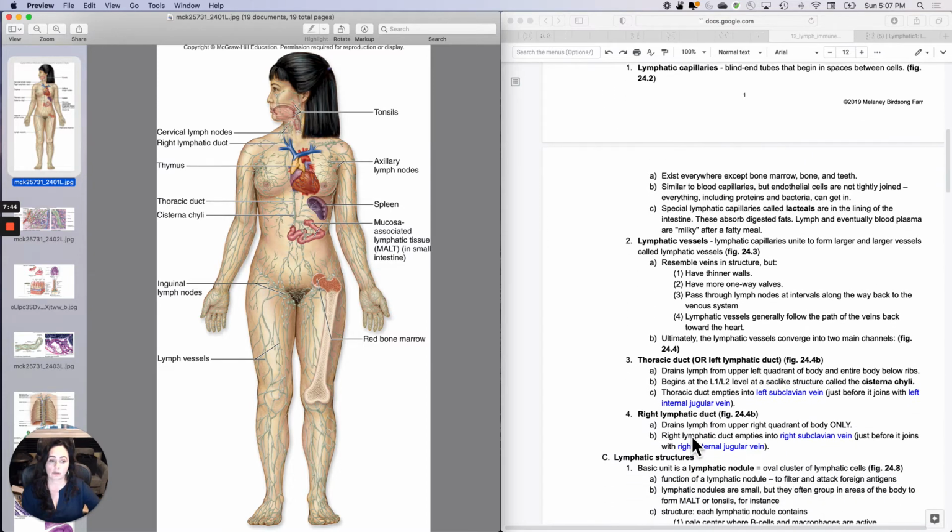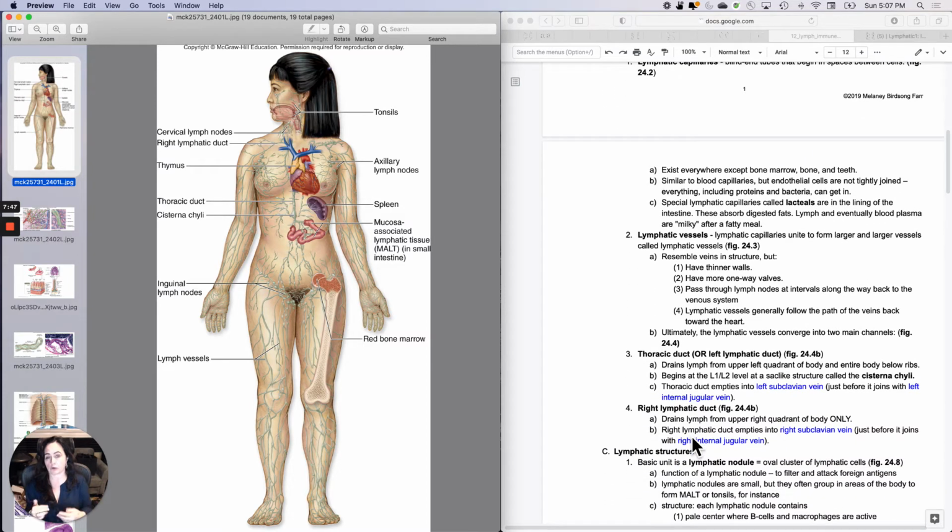Ultimately, all of your lymphatic vessels are going to converge to dump into two big channels, and each of these channels will dump into a subclavian vein. But the drainage pattern is so strange. All of these are going to come together to dump into two that are in the chest.